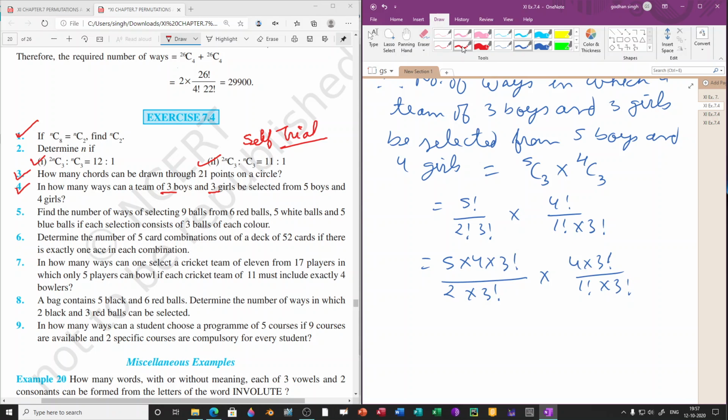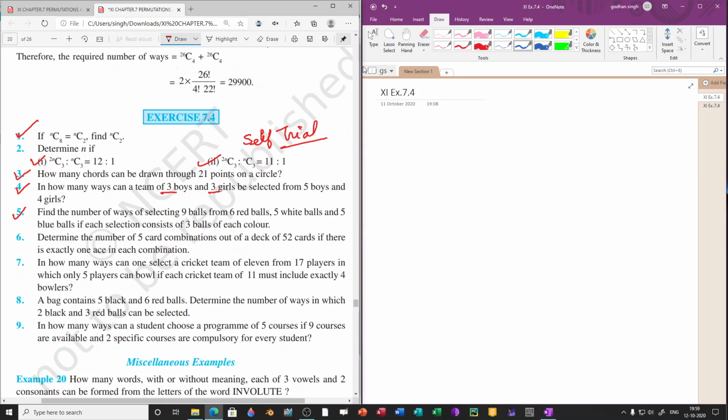So cancelling out 3 factorial in the first one, and in the second part we are also cancelling 3 factorial. Then this 2 can cancel this 4, it will become 2. So the answer we are getting is 5 into 4, that is 20, 20 into 2 is 40. So the team can be selected in 40 different ways.